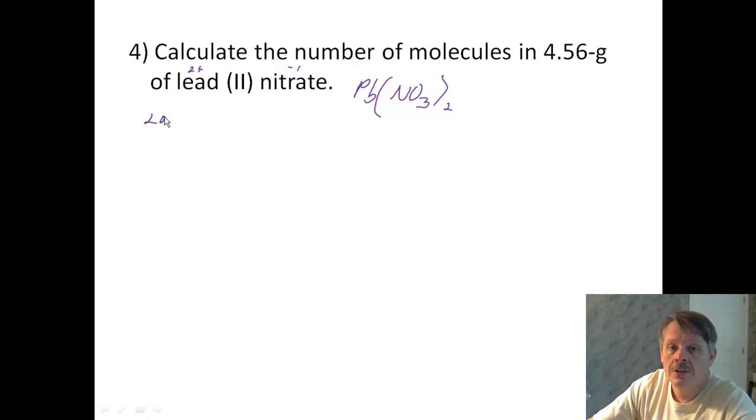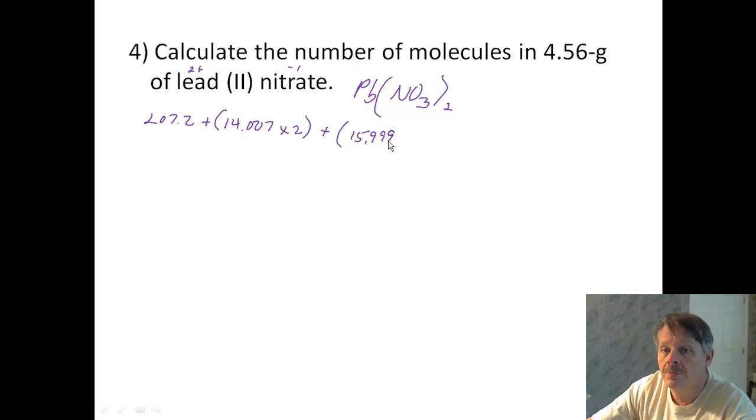Well, the lead is 207.2. And I have to add that to nitrogen, which is 14.007, but I've got 2 of them. I have to multiply that out, plus oxygen, and that's 15.999, but I have 6 of them. Right? So my answer here is going to be, for the mass, 331.2 grams per mole of Pb(NO3)2.